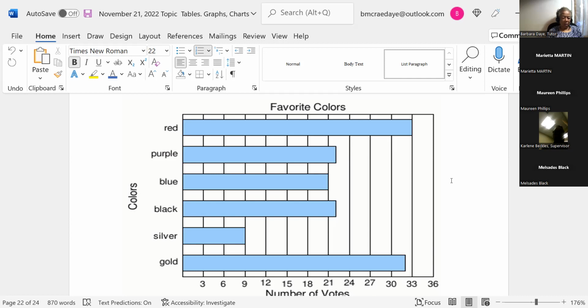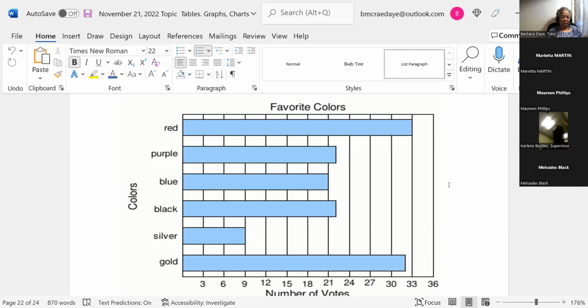And then what'd you get for the gold? I get 32. And when you add that up, what do you get? 108. Mercedes, check your math. 108 is the answer. Very good.